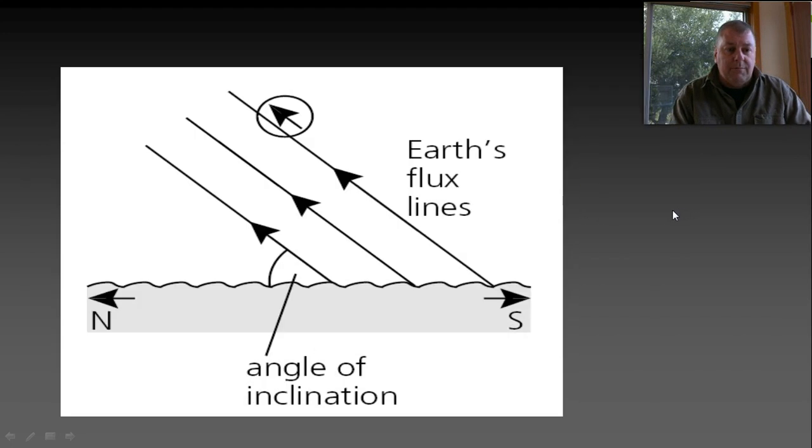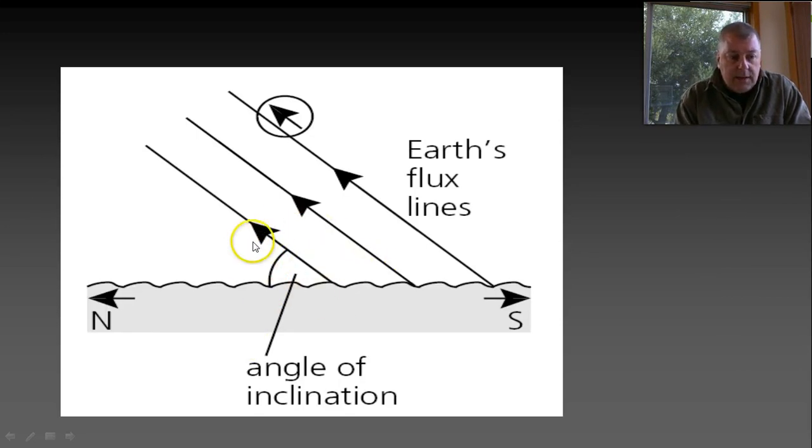Anything happening? Okay. So, now what did I say is coming? So this would be Tasmania, and there's our north, and the field lines of the Earth's magnetic field are coming out at an angle, and this is the angle of inclination. And for most of the world it's not a problem, and you don't really notice it.